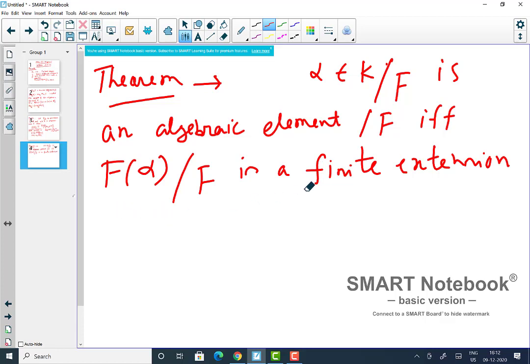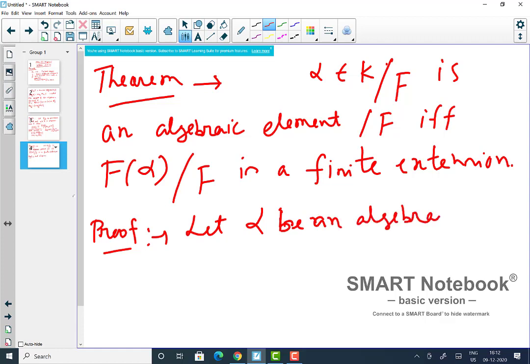Okay, so we obviously have a proof for this. The proof is not so difficult. It is an if and only if. So first, let alpha be an algebraic element over F. What does that mean? That means it has a monic polynomial, right?